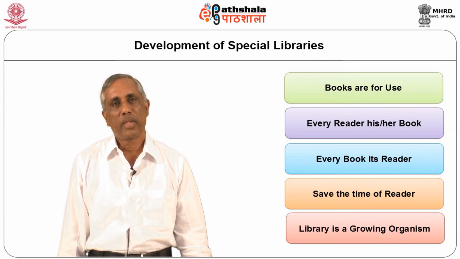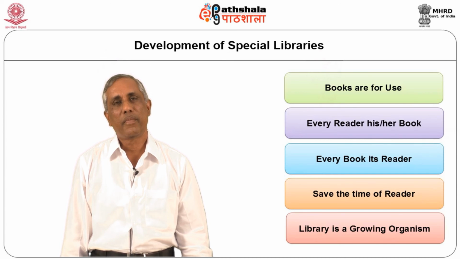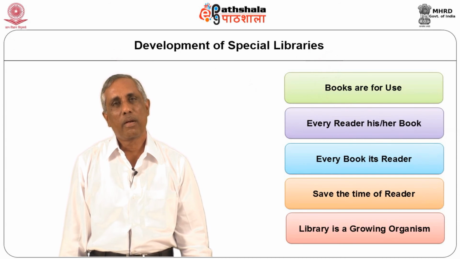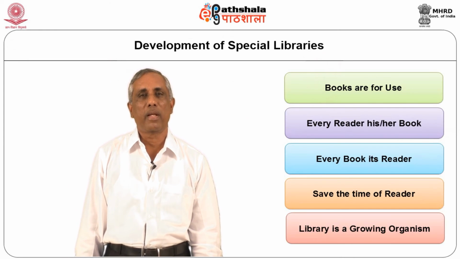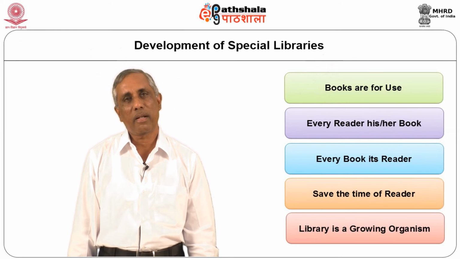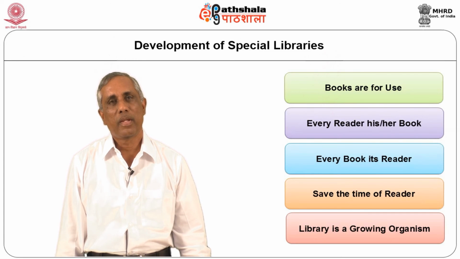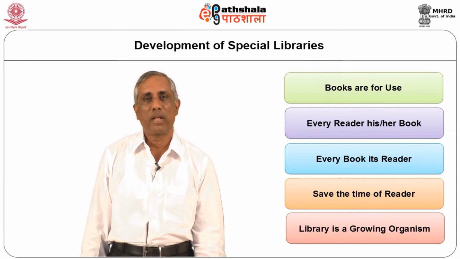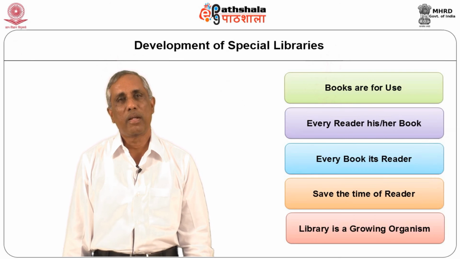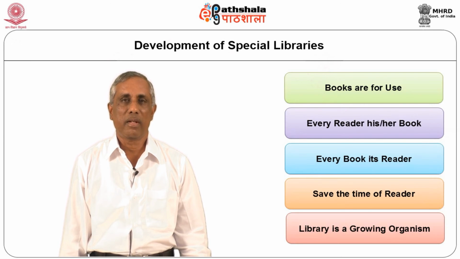As and when the resources are changing, these can also be renamed. Wherever the book is there, we can replace it with the document or with the information. Even in the present era of the electronic information age, we can make use of these five laws of library science, and we can say how best these can be used in the development of special libraries in the world as well as in India.